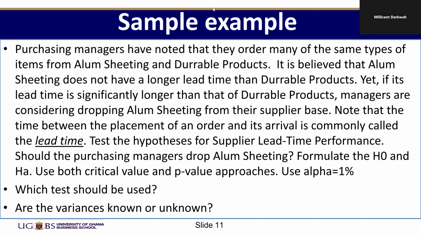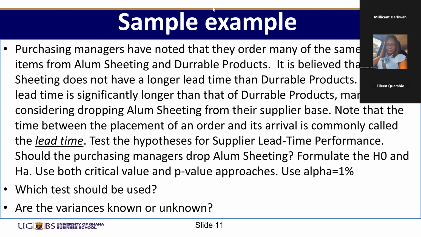So the alum sheet lead time will not go beyond a particular time frame. No, that is not what it's saying. It says it does not have a longer lead time. What is the first one trying really to say?